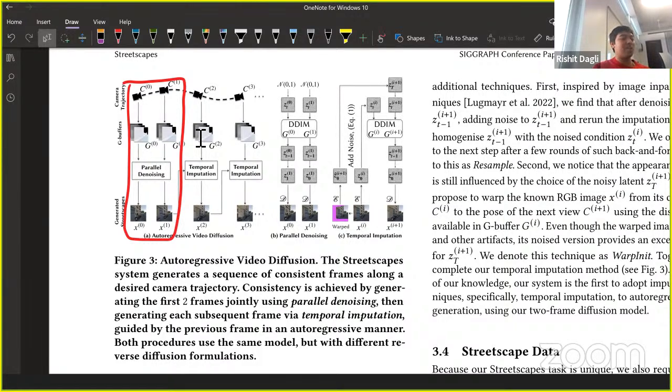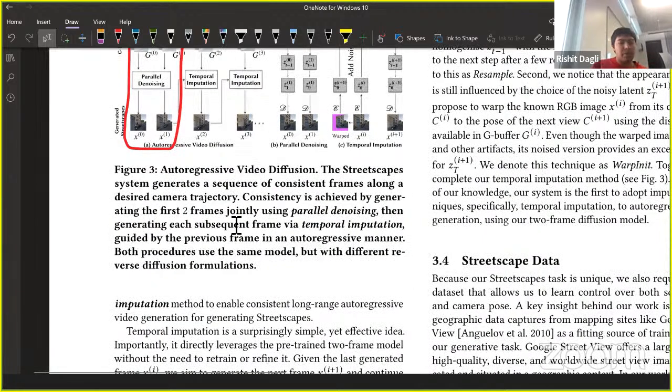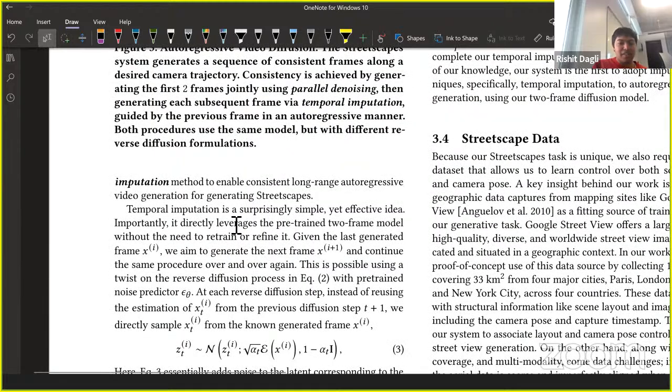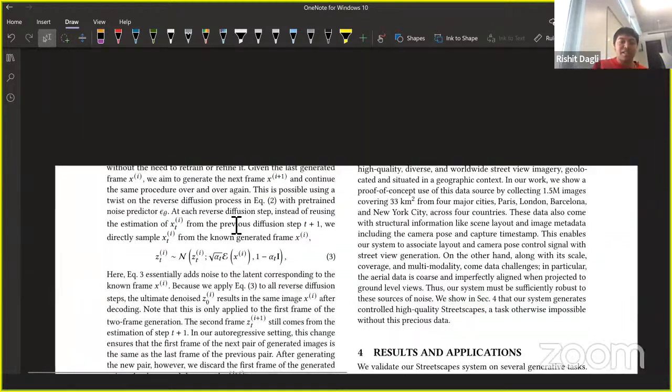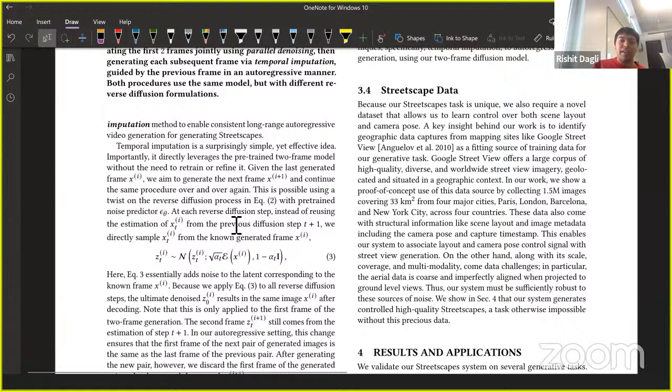You just make the model think that it already generated this frame earlier, so that frame stays consistent. And then when you do parallel denoising, you only end up making one new frame instead of two new frames. So that's what they do for temporal imputation. That's actually a pretty simple way of doing it.